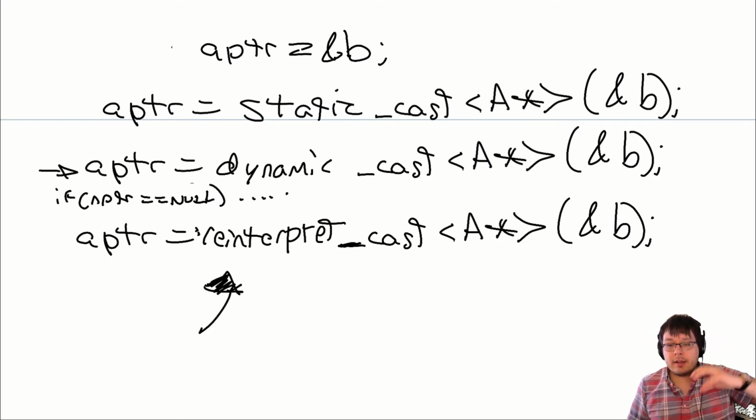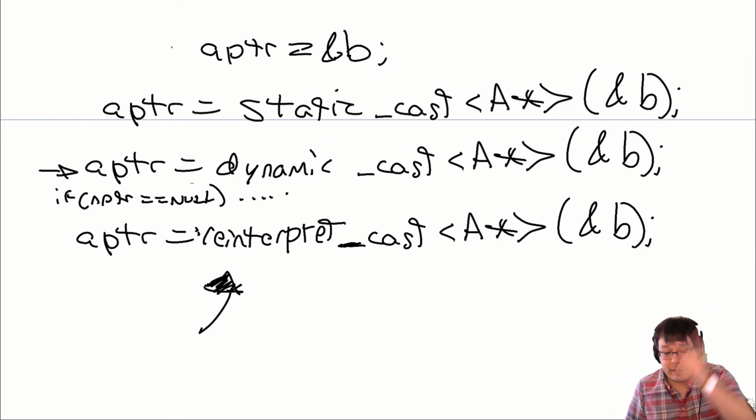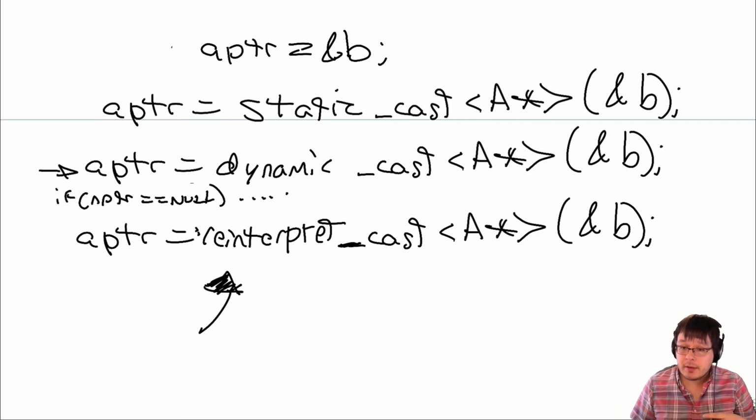But if you have a dog that you cast to an animal, and then you try to cast it to a cat, a dynamic cast will figure that out. It'll be like, what the heck, this guy's trying to put a dog into a cat. And instead of returning the pointer, it's going to return a 0. So now aptr will have 0 in it. If you check that, you can see that it has a 0 and generate an error. And if you somehow try to access something from aptr, then you get a null pointer exception because it's just a 0. It returns a 0 instead of the pointer, which is very good because you can error check that.